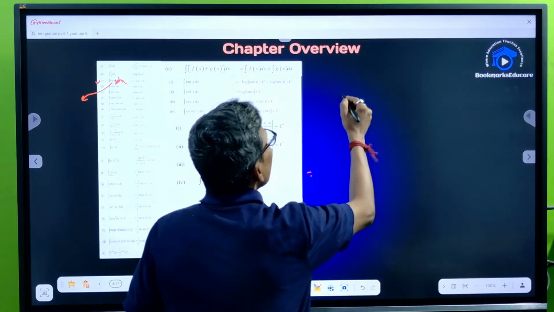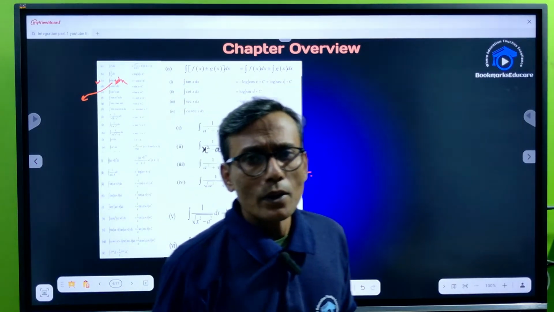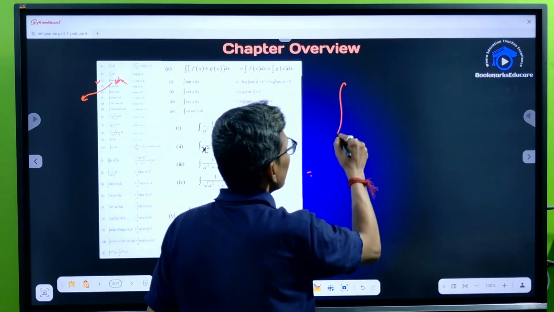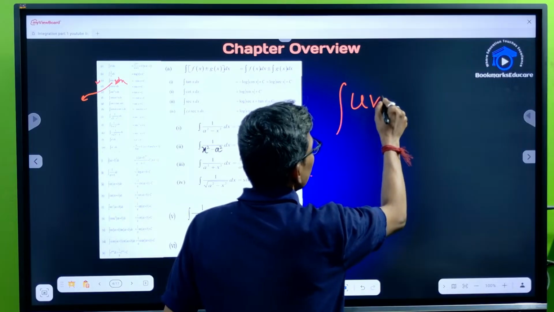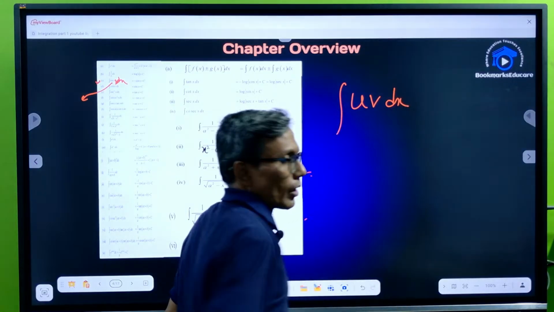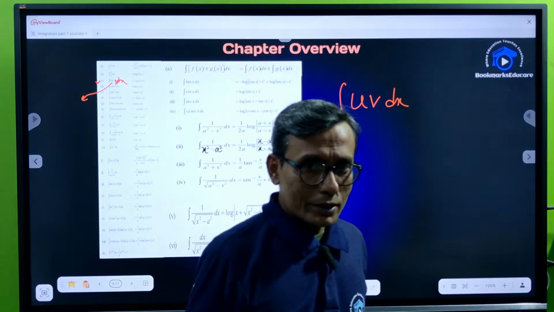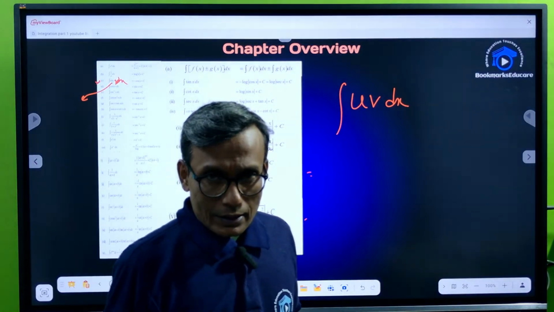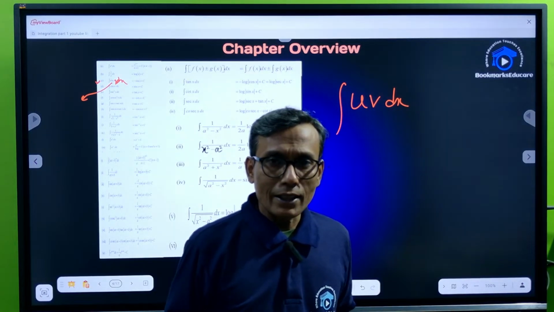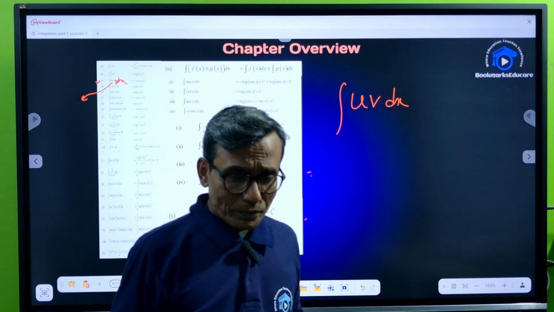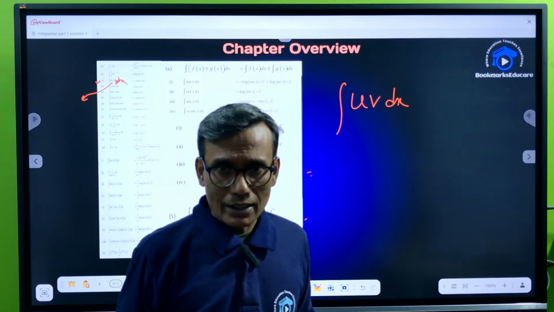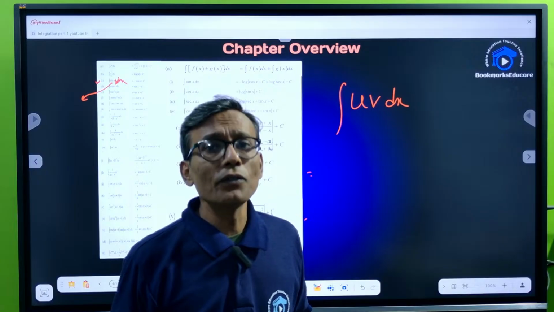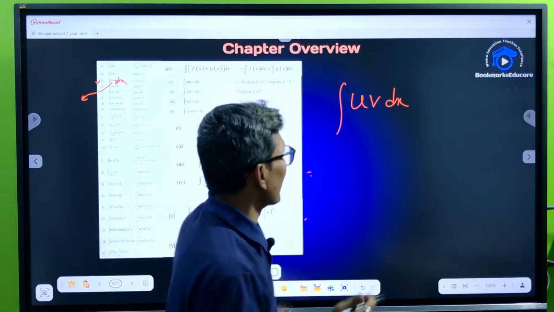So, the formula of the method of by parts is for the integral of u into v dx. I have just said, it is the process of finding the indefinite integral of the product of two functions.